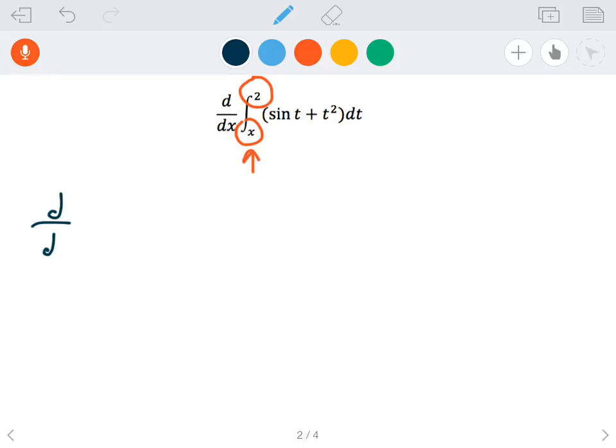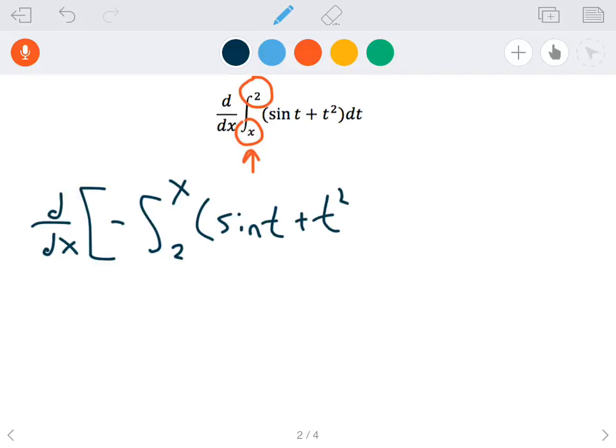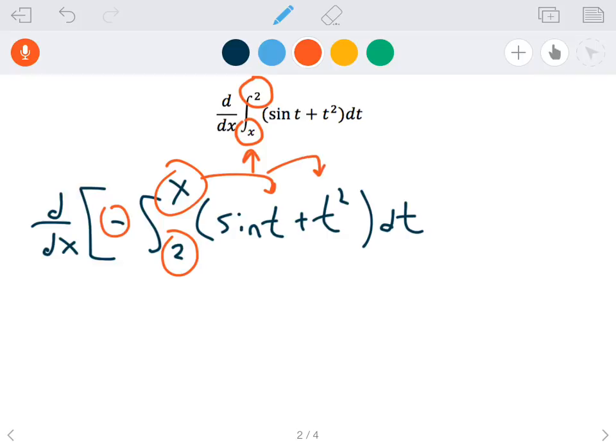I can say the derivative of the negative integral from 2 to x of the sine of t plus t squared dt. And now when I look, I have a constant, I have a single variable, I can replace my variables. And this negative doesn't really trip me up that much because I know that I can pull a negative out in front of a derivative.